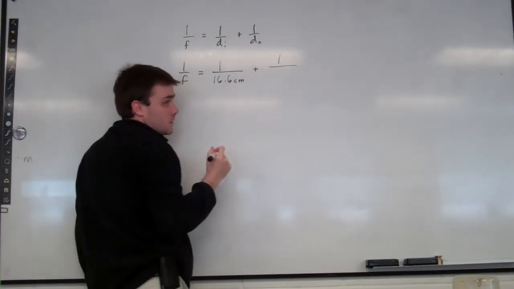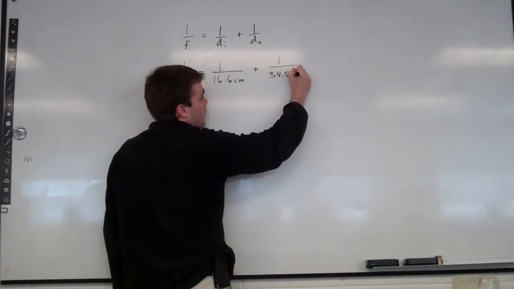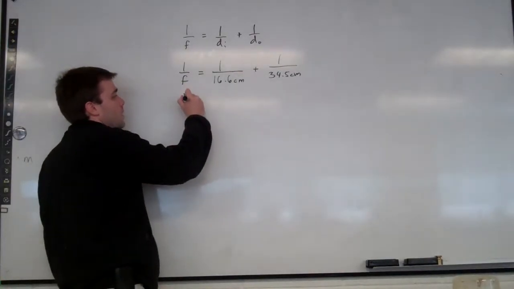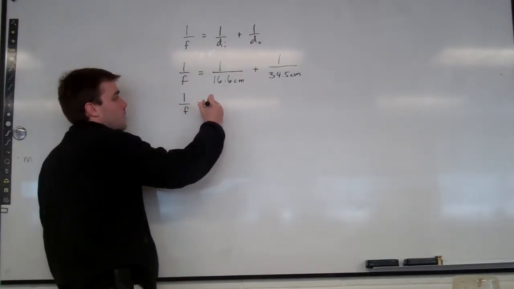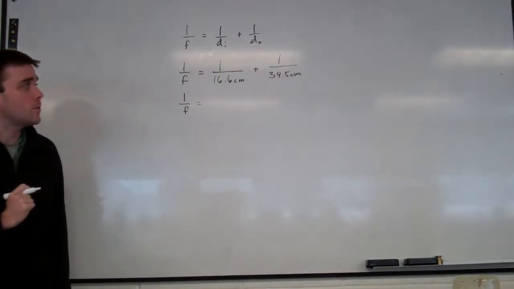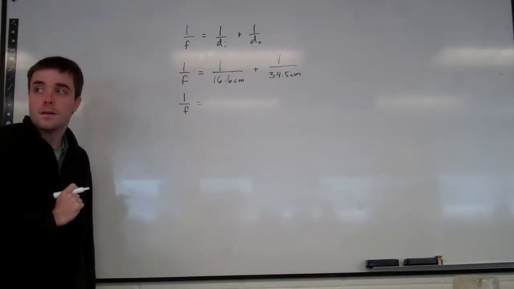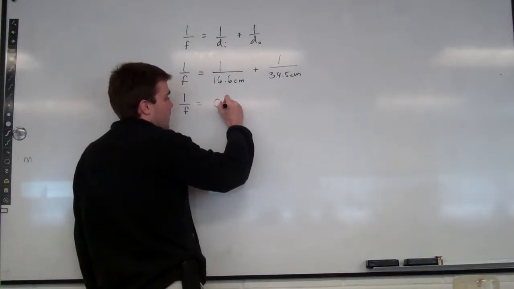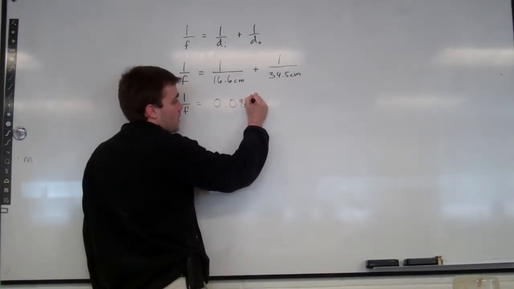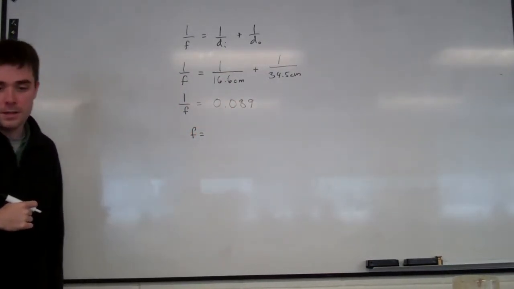What's our object distance? 34.5 centimeters, and object distances are always positive. So what's 1 over 16.6 plus 1 over 34.5? 0.089. So what's the focal length equal?